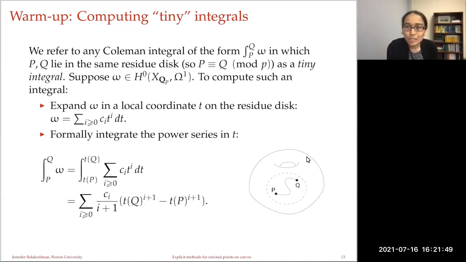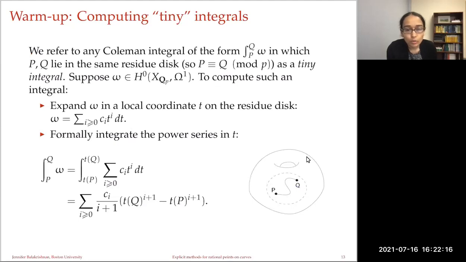All right, so just to warm up, these are our first Coleman integrals that we'll compute. These are the tiny integrals that I mentioned earlier that happen in the same residue disk. So we're going to assume that our points P and Q reduce to the same point mod p, and we have some regular one-form omega. To compute one of these integrals, we expand omega in a local coordinate t on the residue disk, either at P or at Q, it doesn't matter.